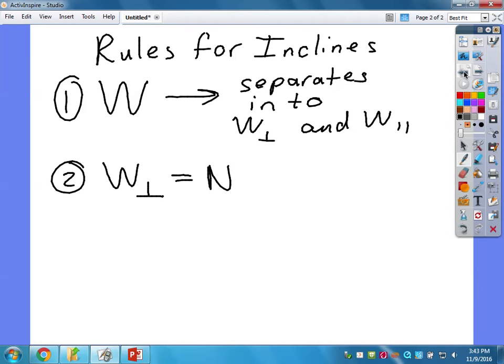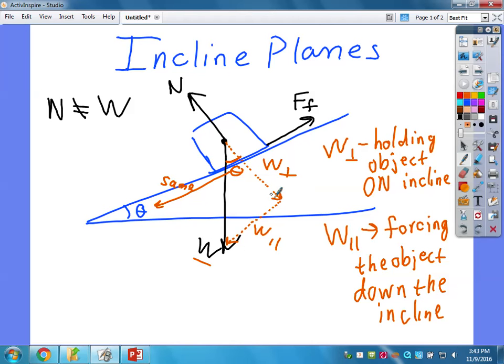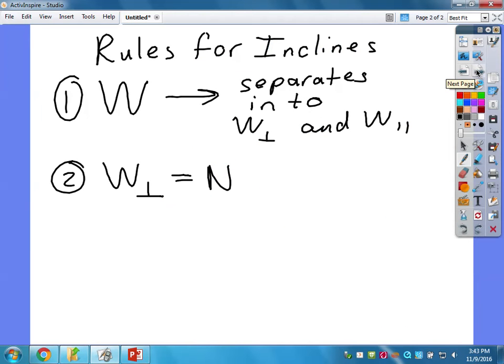If I go back to my drawing here, they are perfectly opposed to each other, and the object is not moving up or down from the inclined plane. Off the inclined plane, how about that?